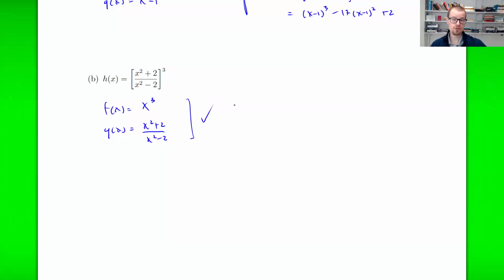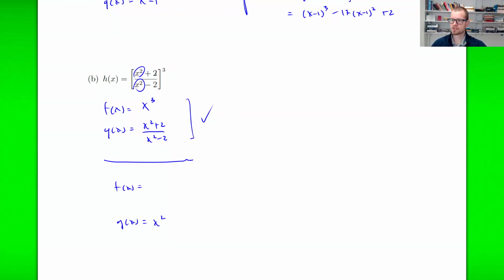The other thing that I could do is more similar to what I did in the previous example. I could also ask, how does x appear each time? Well, it appears as x squared each time. So I could identify f of x and g of x. g of x, again, is the thing that I am plugging in. So I am plugging in not just x each time, but x squared.